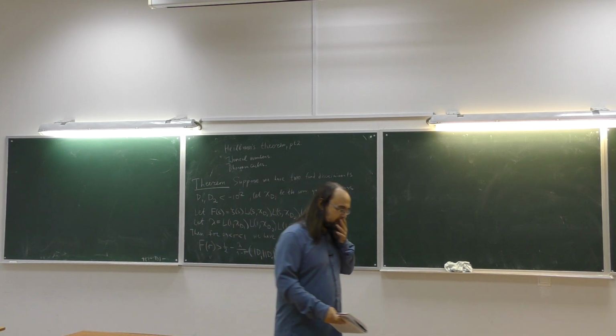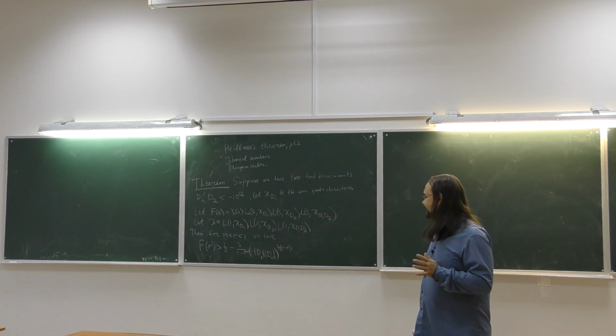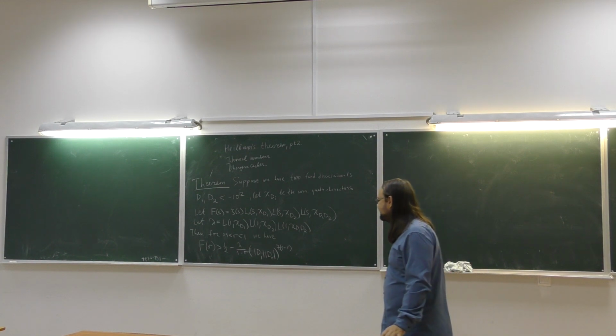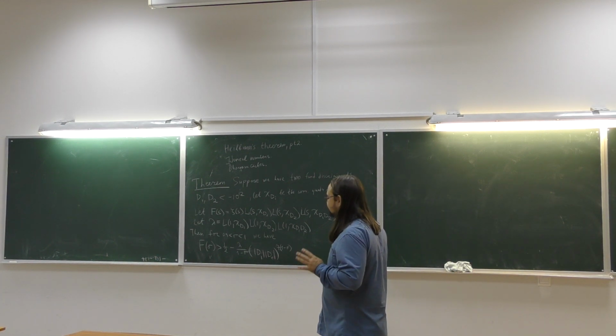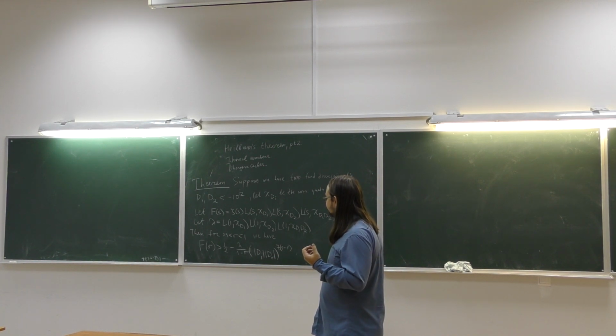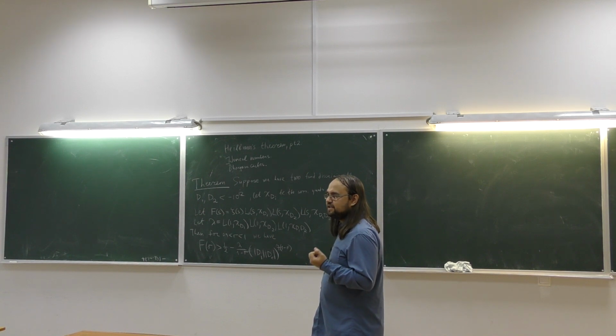Okay, so what is the importance of this statement? Well, we want to exclude the case when the L function of our character is small when s is equal to 1.